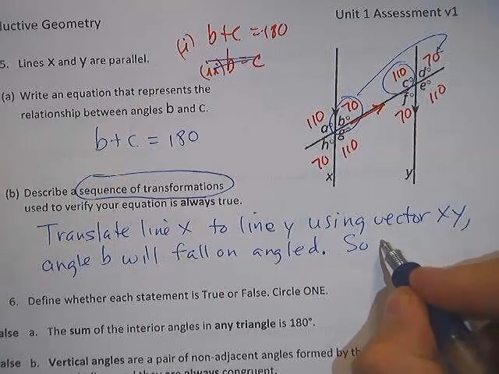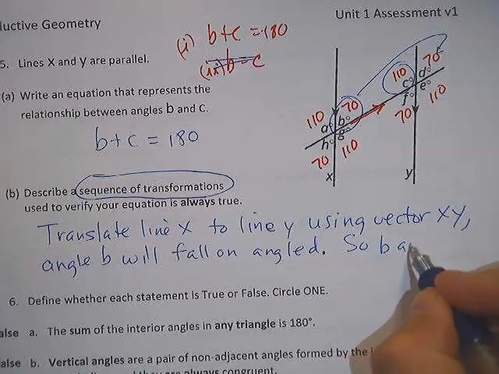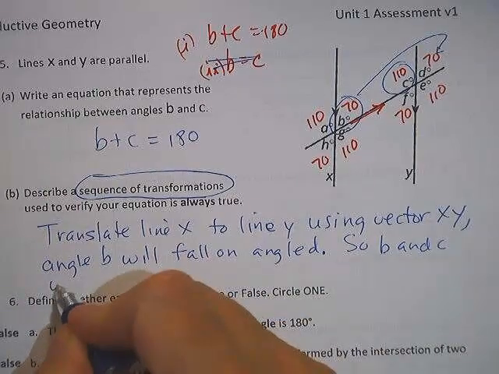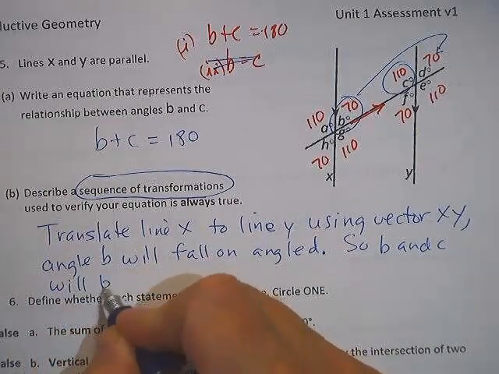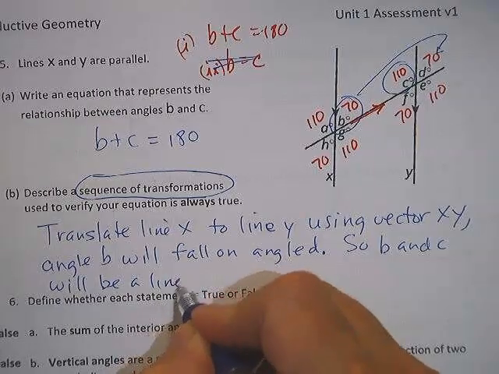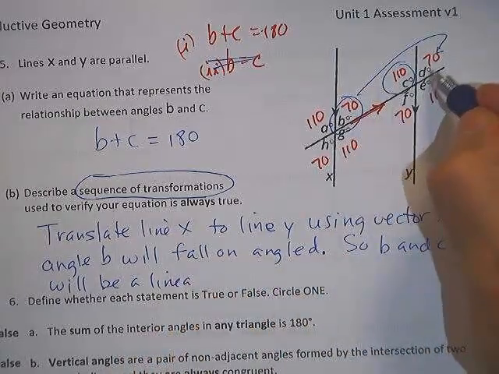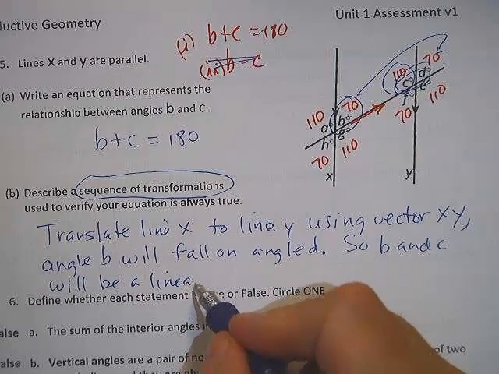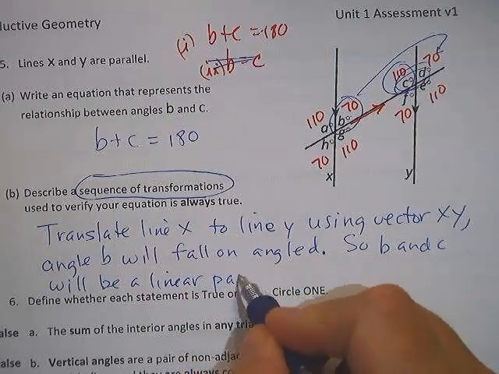Therefore, angles B and C will be a linear pair of angles. So if here goes to here, these two angles are next to each other, which makes them a linear pair of angles.